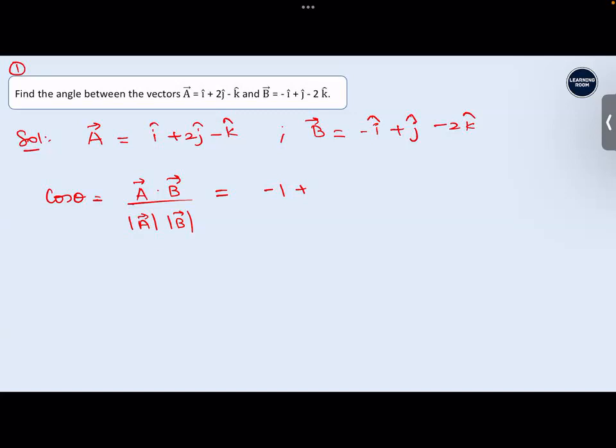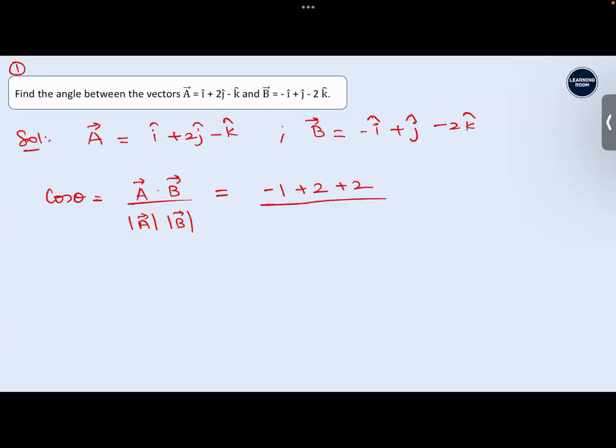We should multiply them, so 2 into 1. Then minus k cap: the coefficient of k cap is -1. So -1, and what is the coefficient of k cap here? So when you multiply both, what will you get?